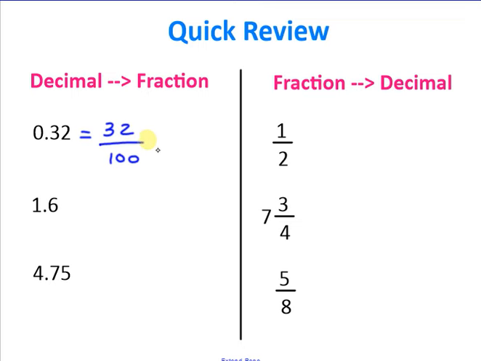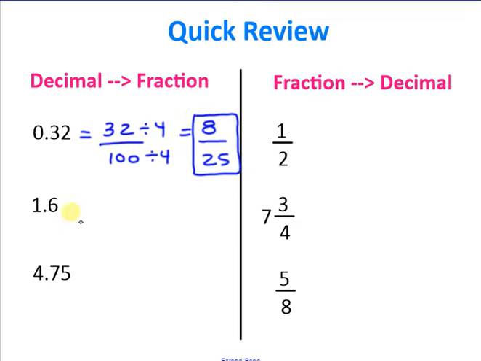The GCF, I believe, is going to be 4. So we're going to divide the top and the bottom by 4. 32 divided by 4 is 8, and 100 divided by 4 is 25. And so your answer is 8 over 25.